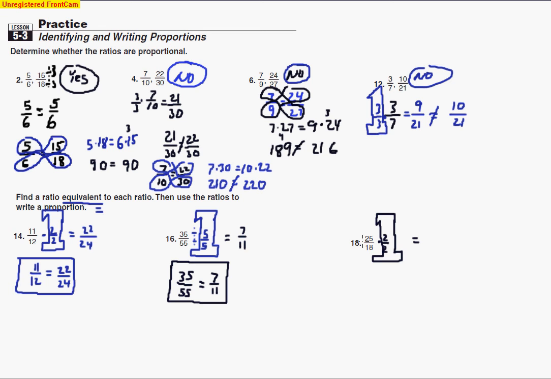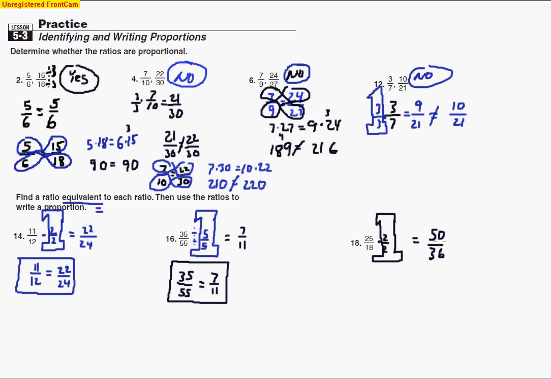So, again, 1 times a number doesn't change anything, so it's just the same answer, just a different form of it. 25 times 2 gives me 50. So let me fix that. I was about to write a 2. So 50. And down below, 18 times 2 makes 36.